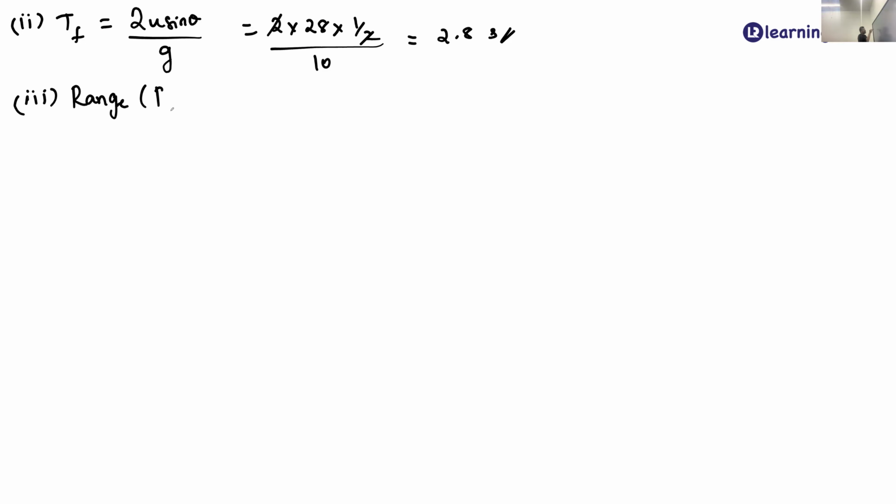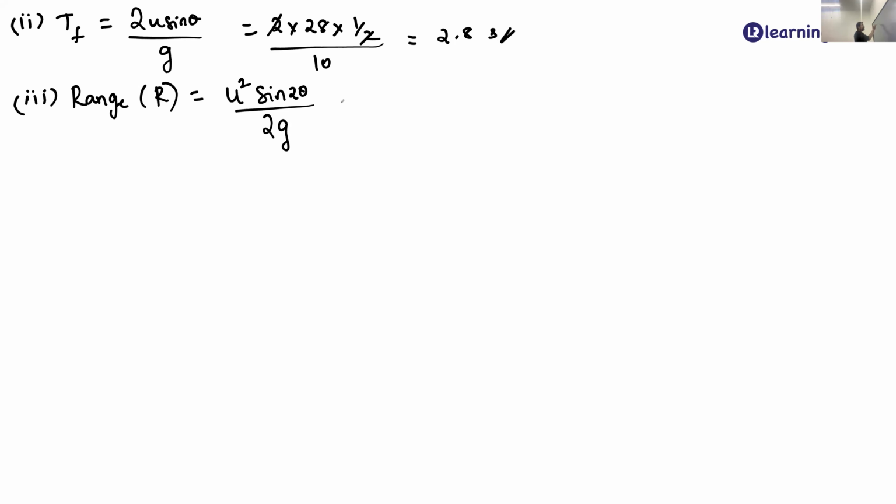Range is represented by the symbol capital R. So range is equal to u square sine 2 theta divided by 2g.